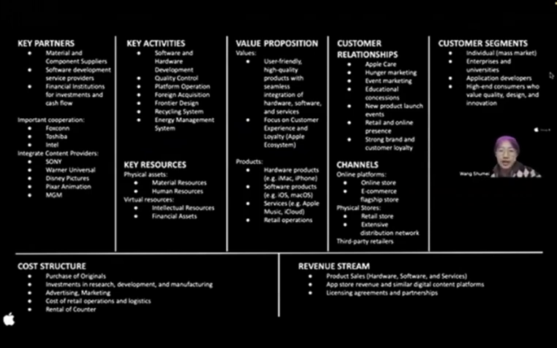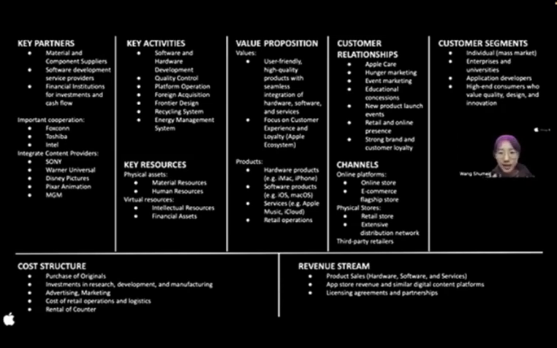Apple's supply chain is manufactured by people around the world in more than 50 countries and regions, and includes important corporations and content providers, such as Sony, Warner, Universal, and other record companies, and also the 5 major publishing giants.